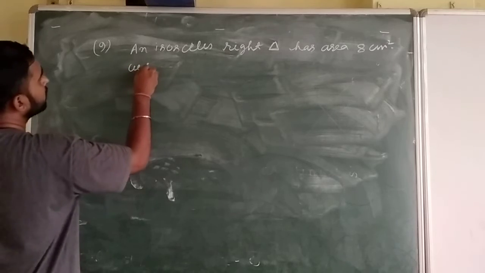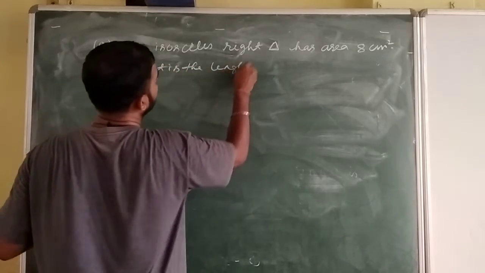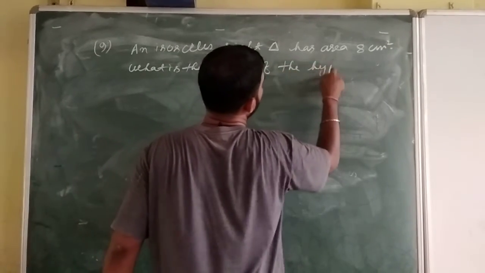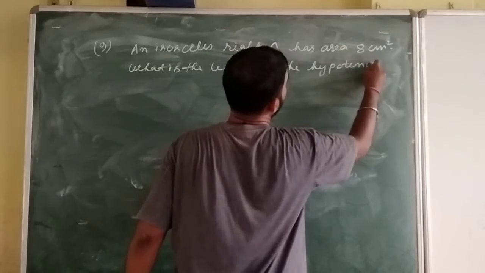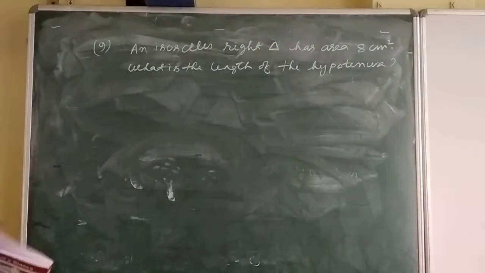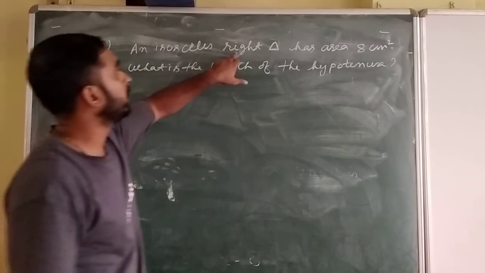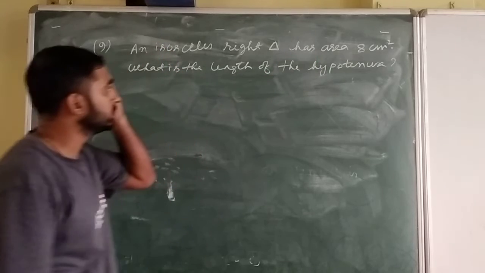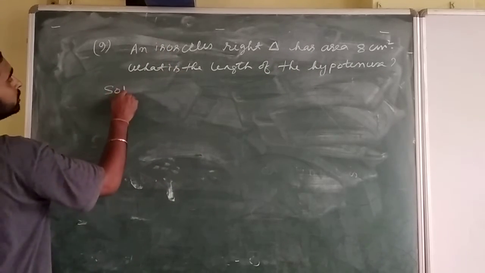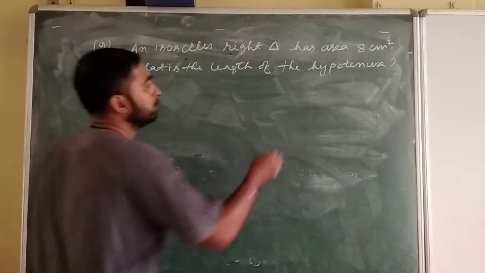What is the length of the hypotenuse? An isosceles right triangle has an area of 8 square centimeter. What is the length of the hypotenuse? Right isosceles triangle.